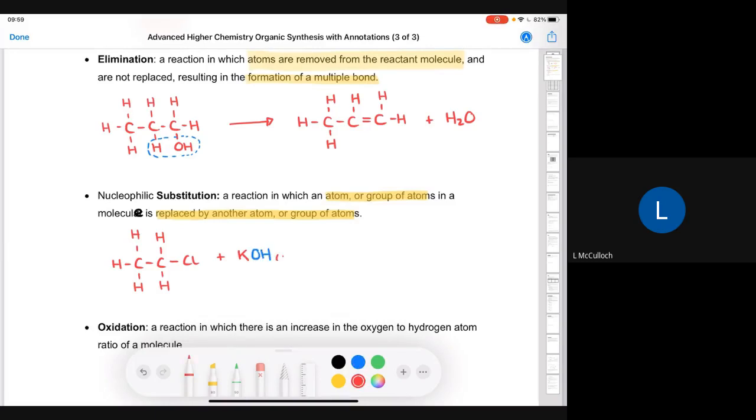Now I've popped the OH in blue because that's the group of atoms that's going to be substituted into the molecule, and it's just to make it stand out. So what's going to happen is the atoms in blue, the OH, are going to substitute in place of the chlorine. Like so. And then we'll end up with KCl being our other product. So you can see it's just a straight substitution.